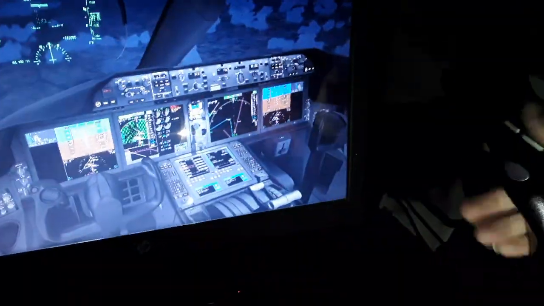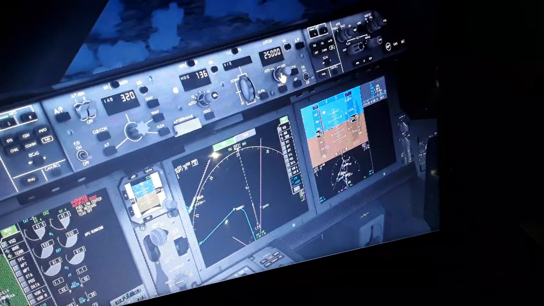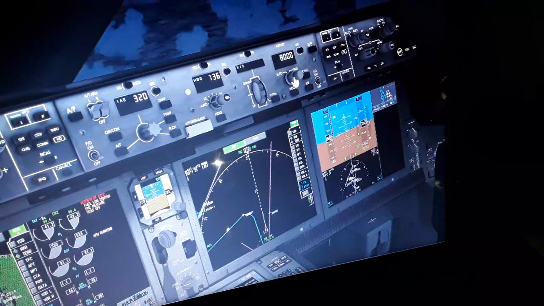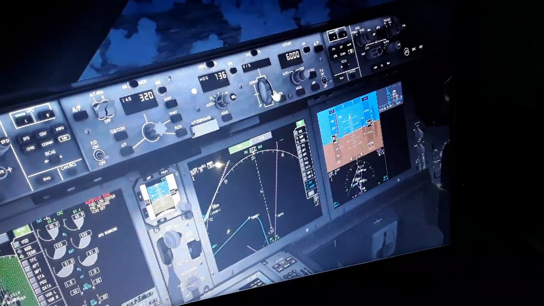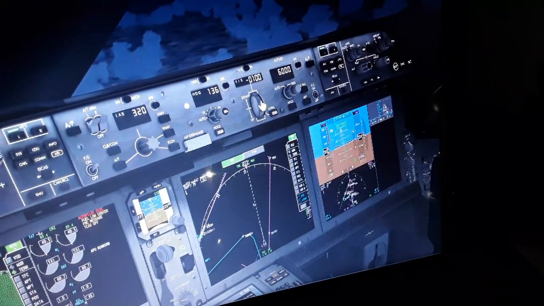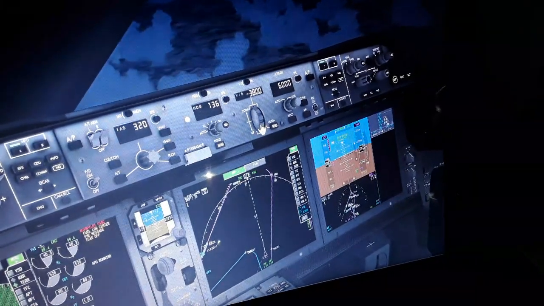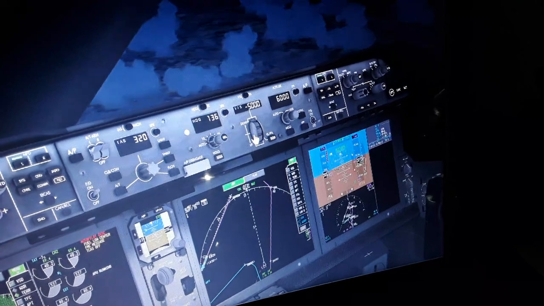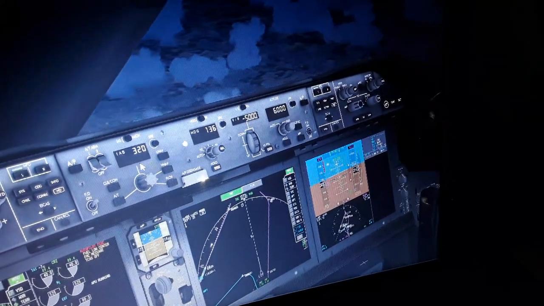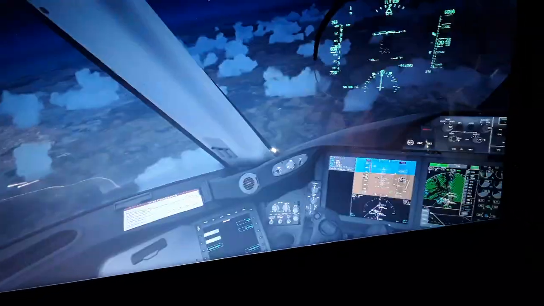So we're gonna use some speed brakes to increase the rate of descent, and we're gonna have also over here the altitude. Back vertical speed. So we are descending right now. For approach, we have 4 more minutes left.